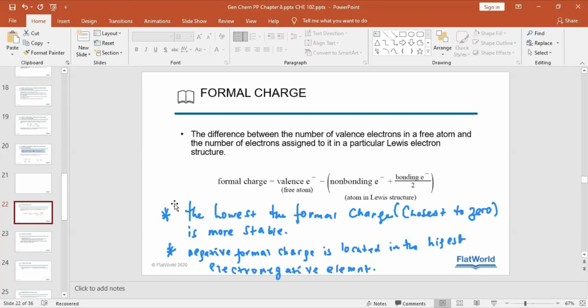Please write this down. These are the two criteria we need to take into consideration. The lowest formal charge, closest to zero, indicates that it's more stable.